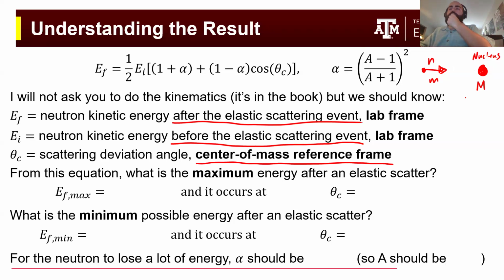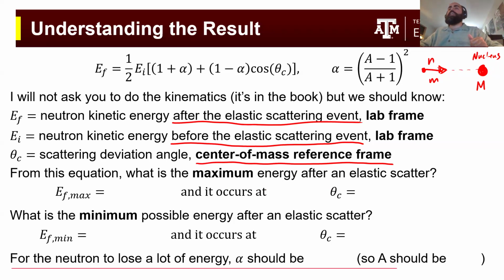Sorry, I want to think about this differently. I want to think about what's the maximum energy it would have after the scattering event. If the neutron comes in and scatters off the nucleus, what final angle for theta c would correspond to the neutron having the most possible energy after the scatter?